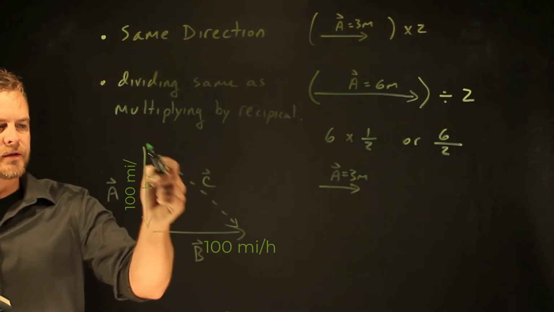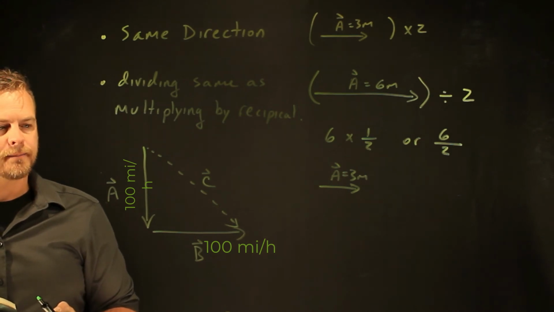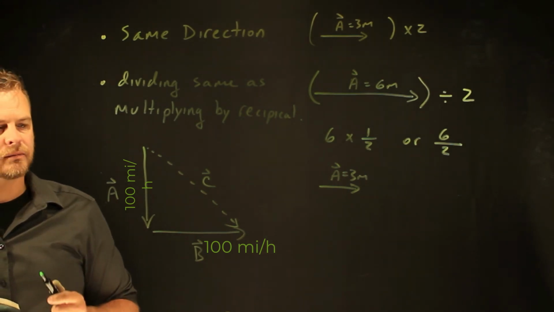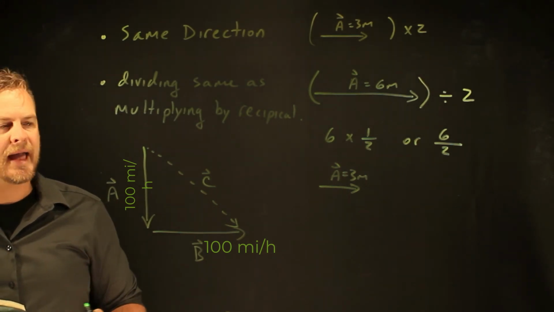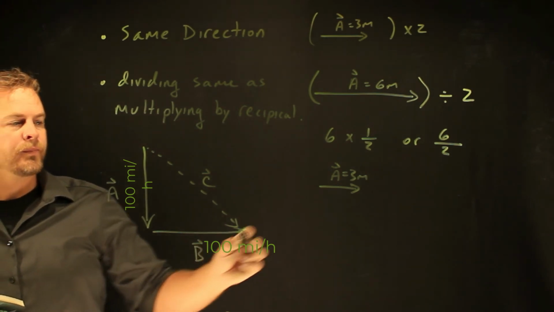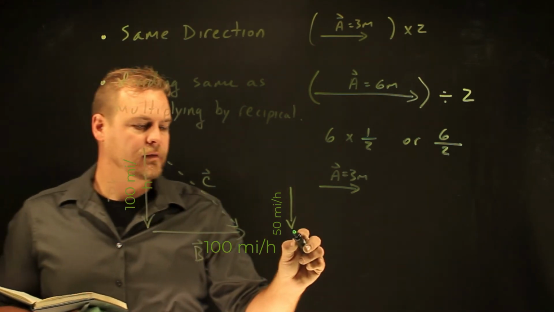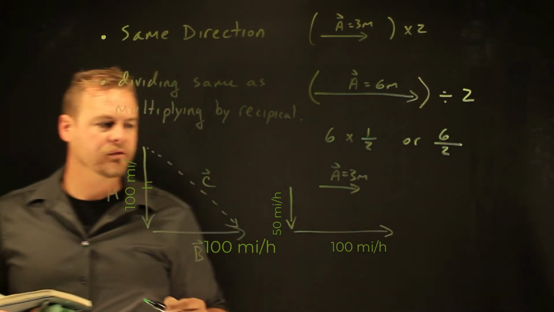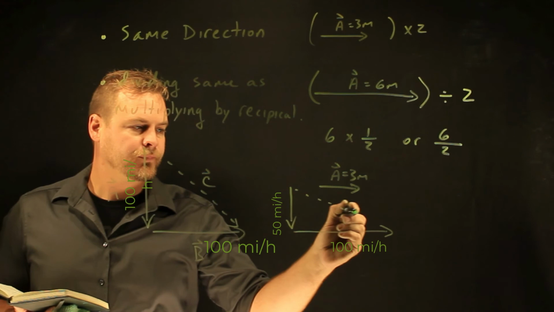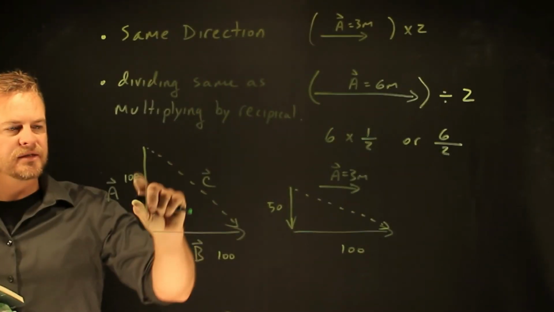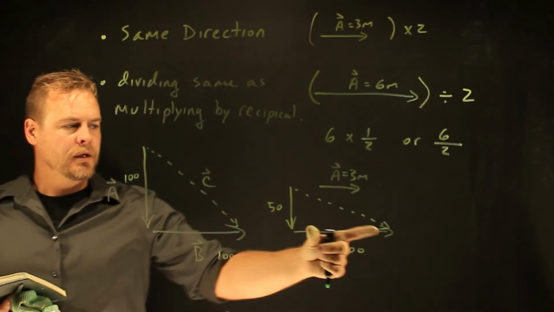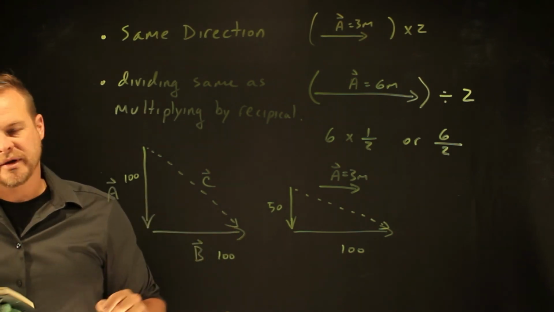The resultant would be Pythagorean's theorem. But let's say that airplane A had some engine trouble and it had to cut speed by half. Well, now I have 50 miles per hour and 100 miles per hour, and so my C vector would change. Stays the same direction, it's just shortened, and I would deal with each dimension separately.